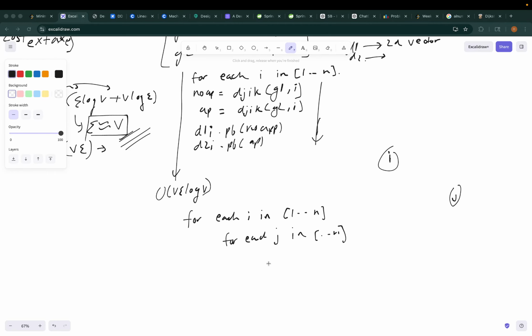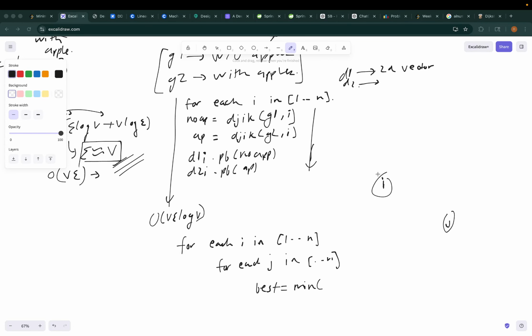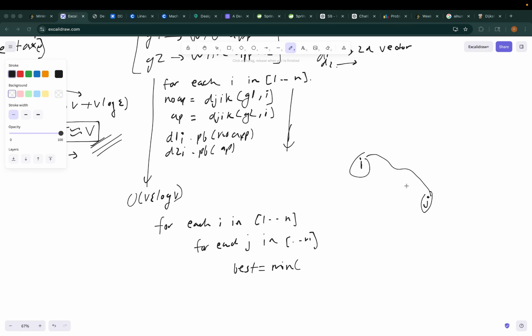Your best answer is the minimum of using the path without apples, that is D1 of ij, and then you return back with apples, which is D2 of ji plus prices of j, because you also pay the price of j to buy the apples, right?